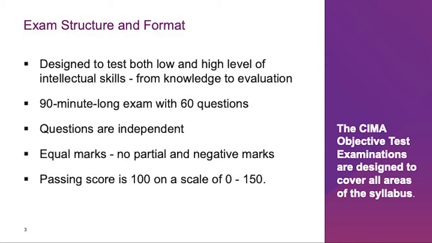Partial marks are not available. All elements of a question must be answered correctly for it to be marked correct. You may answer questions in any order and can navigate back and forth to any question to change your answer. The passing score is 100 on a scale between 0 and 150.